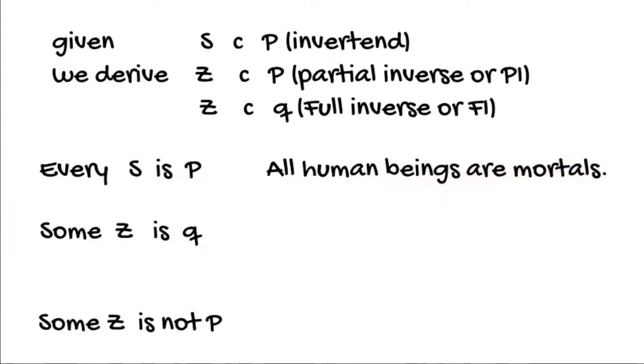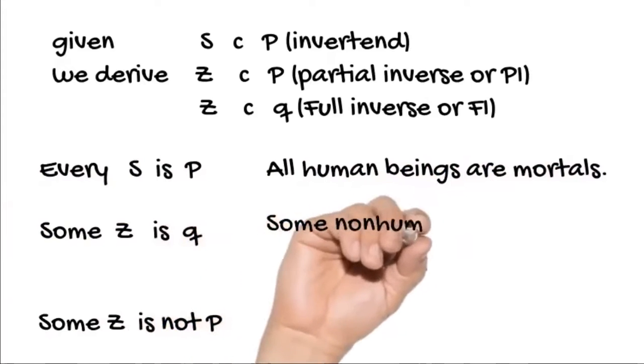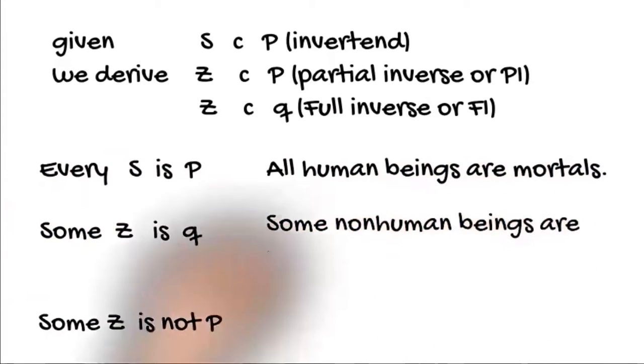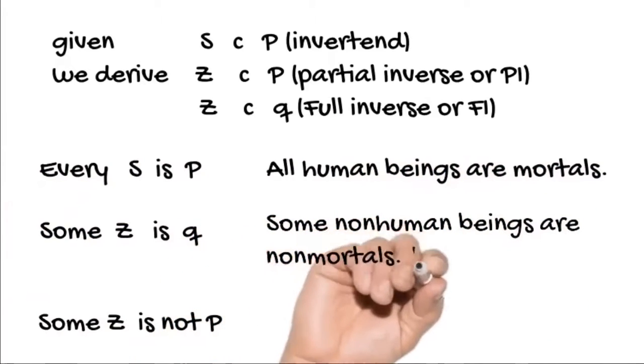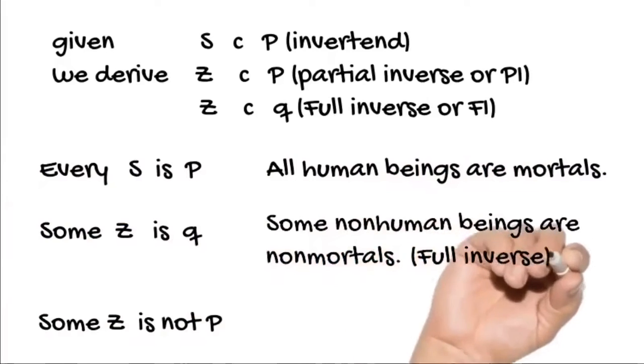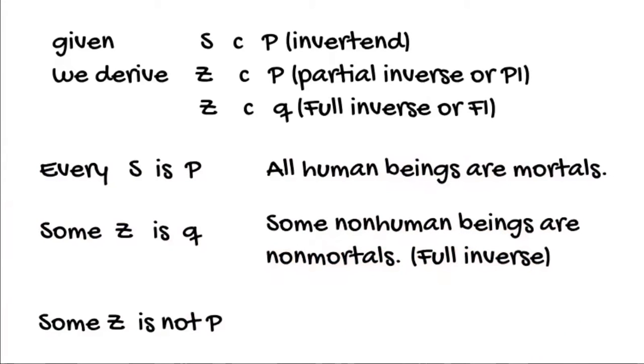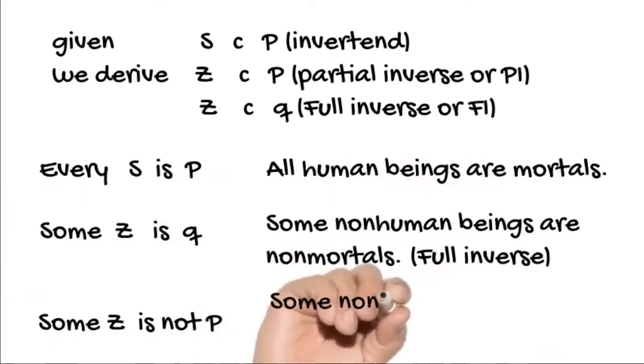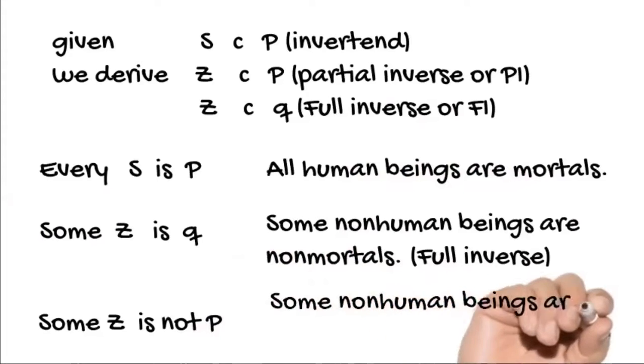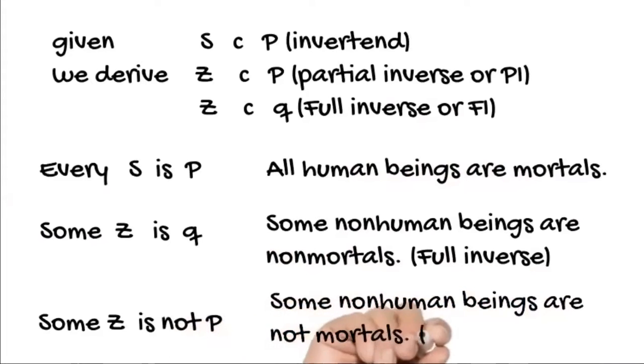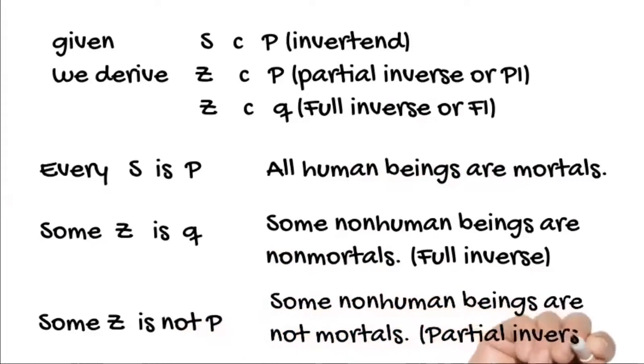We have the full inverse, which is some non-human beings are non-mortals, and we have the partial inverse, which is some non-human beings are not mortals.